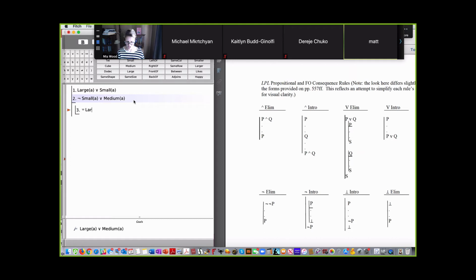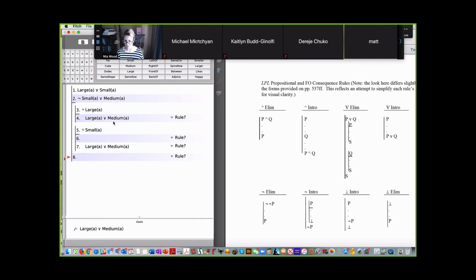So I'm going to assume A is large, and I want to conclude, therefore, that A is large or medium. Exit that subproof, begin the next. Remember, disjunction elimination is our structuring subproof. Assume A is small, and I want to conclude, therefore, that A is large or medium.